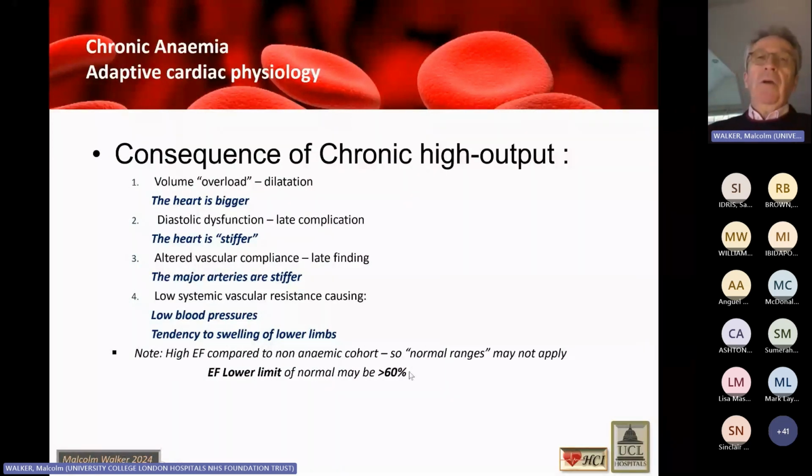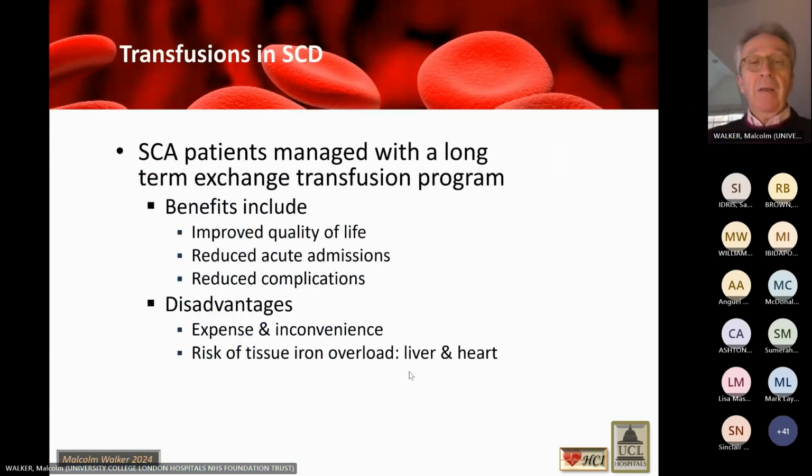So if you get someone who comes back with an ejection fraction of 55% and someone just scribbles normal, bear in mind that might not be normal, because their heart should be pumping more than normally to compensate for the chronic anemia. Those are important management issues, because sometimes things going wrong are not picked up early enough because people misinterpret the data.